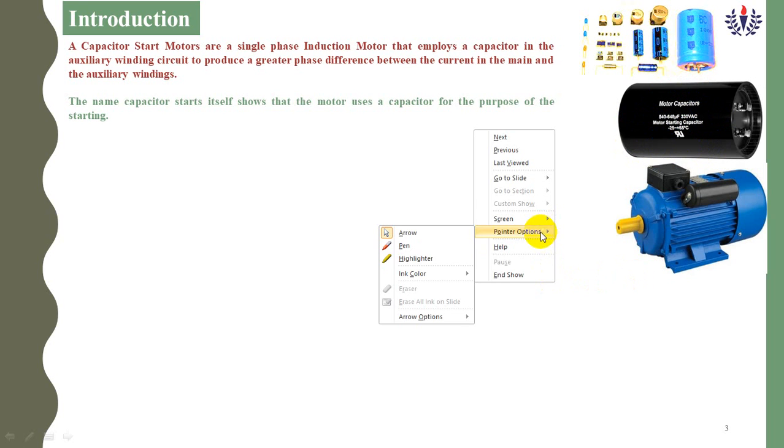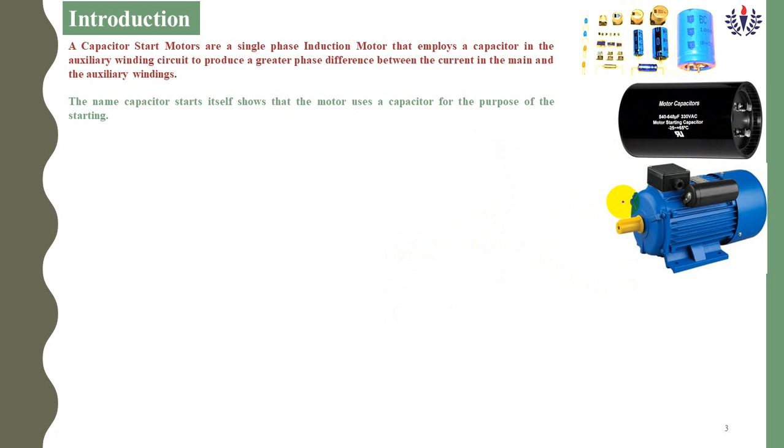Now we will explain the basic concept of a capacitor. We know there are two types of elements in electrical engineering: active elements and passive elements.